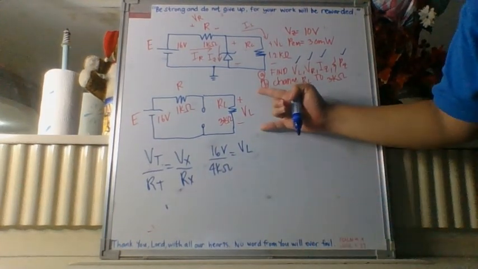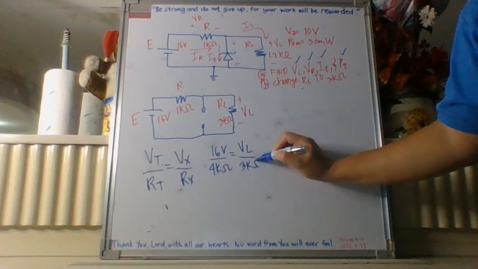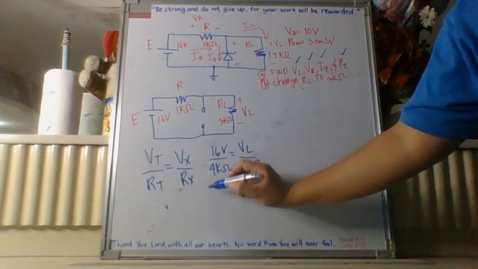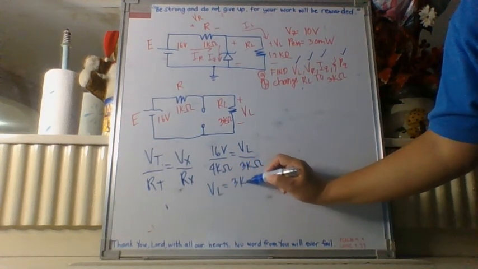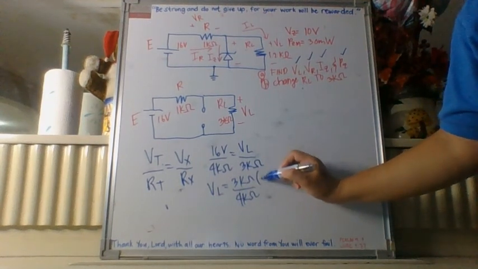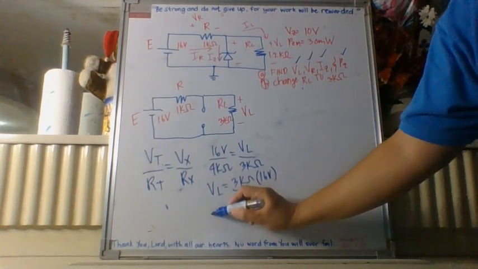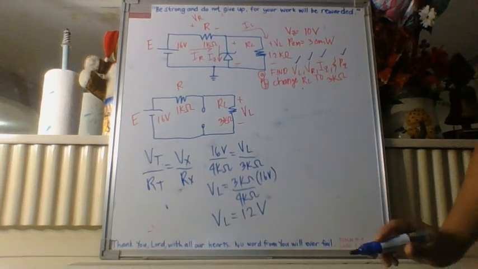At ang resistance across that is 3 kilo ohms. Rearranging our equation, we have V sub L equals 3K divided by 4K times 16 volts. V sub L is equal to 12 volts.